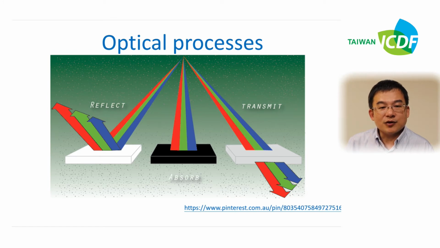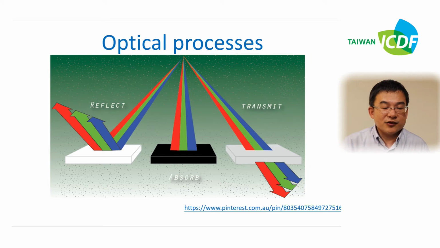The next thing I will talk about is the optical process of light. This transparency shows the three ways of the light optical process. The first one is reflection, the second one is absorption, the third one is transmission.